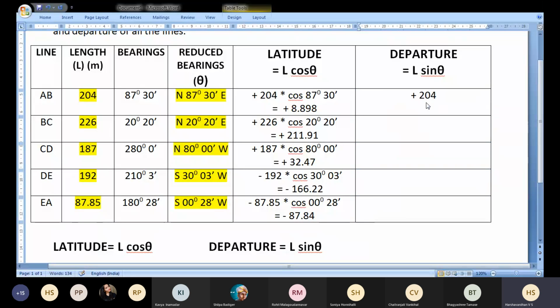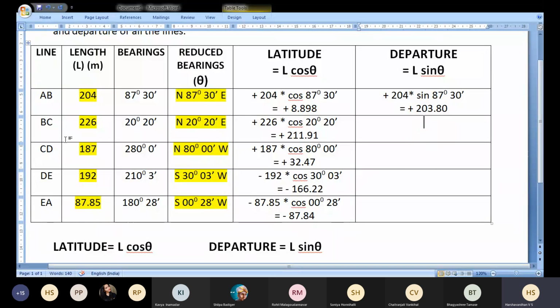Length is 204, sine of 87 degrees 30 minutes. Departure of line AB is 203.80. All the latitudes and departures will be in meters.